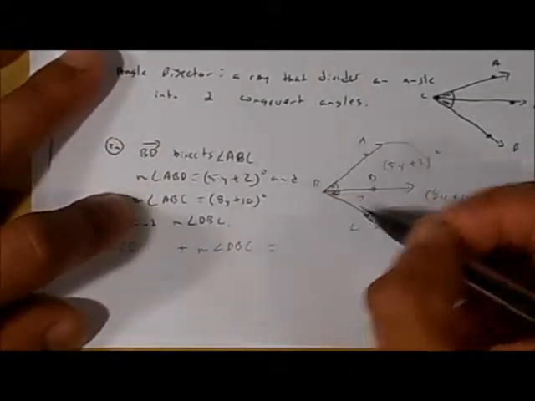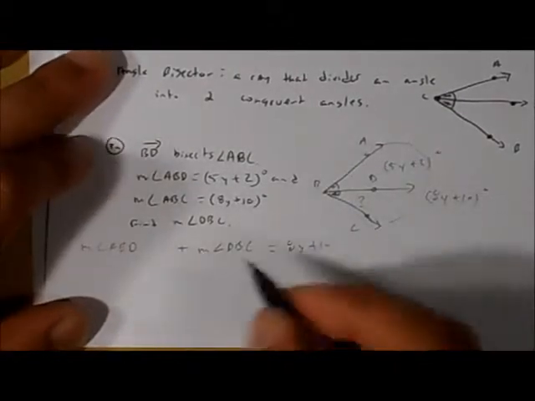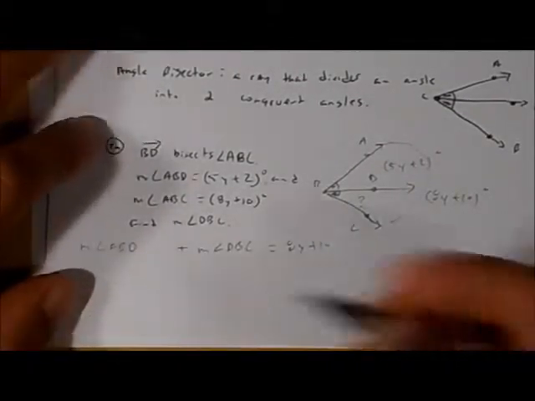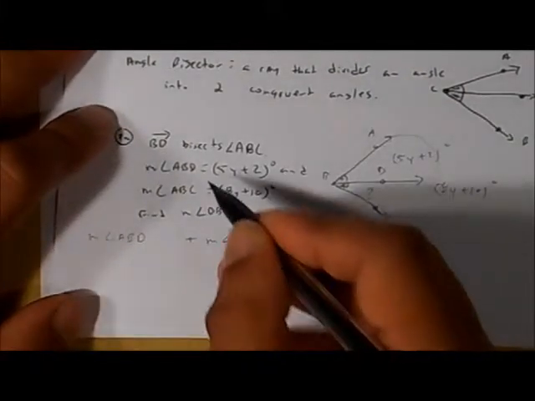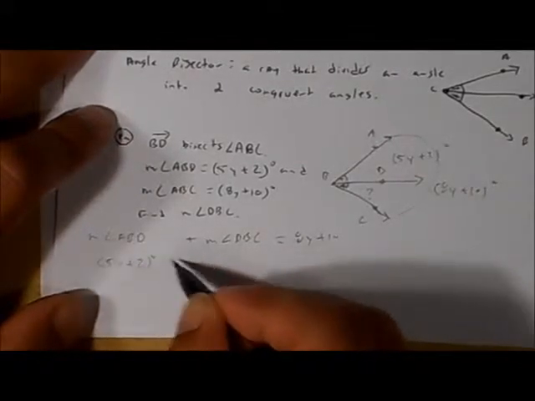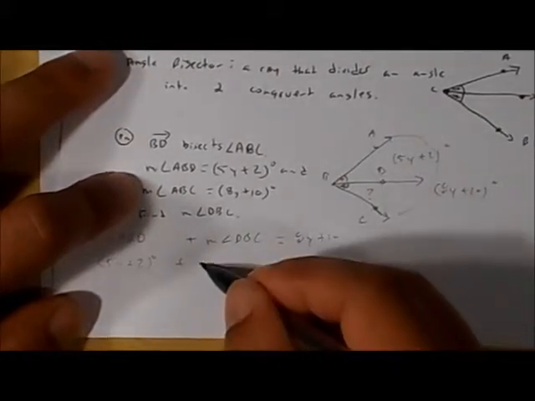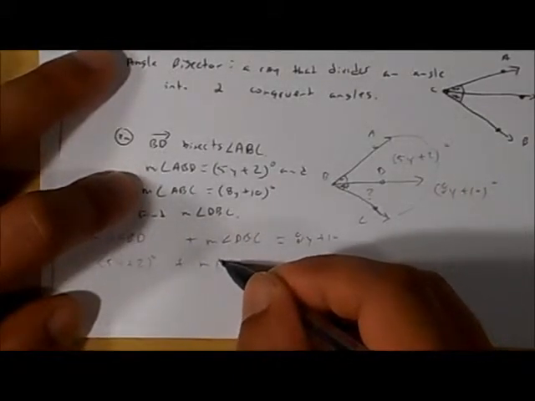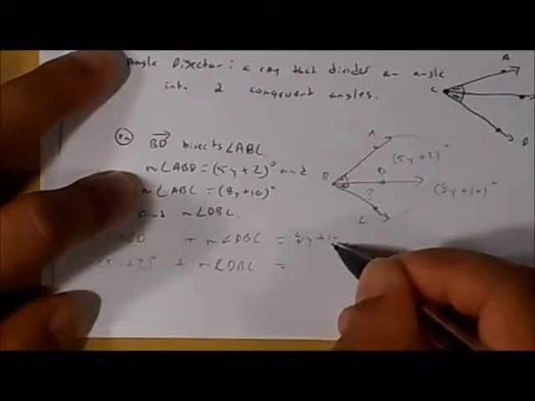So the measure of ABC, which is 8y plus 10. We already had given us two parts, so let's go ahead and plug it in. So ABD, 5y plus 2 degrees plus measure of DBC. We don't know what that is because that's what we're looking for. DBC. And 8y plus 10.